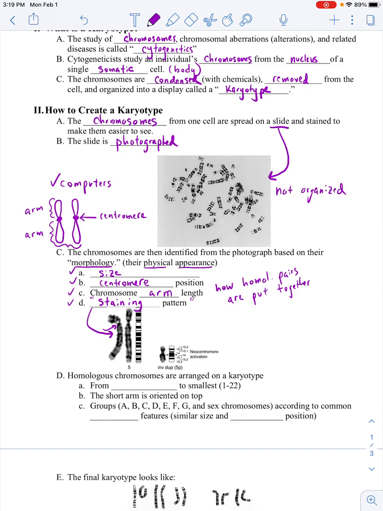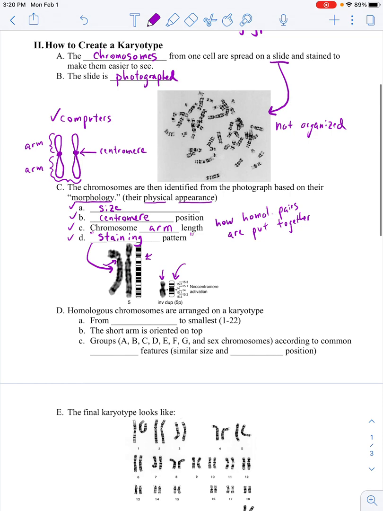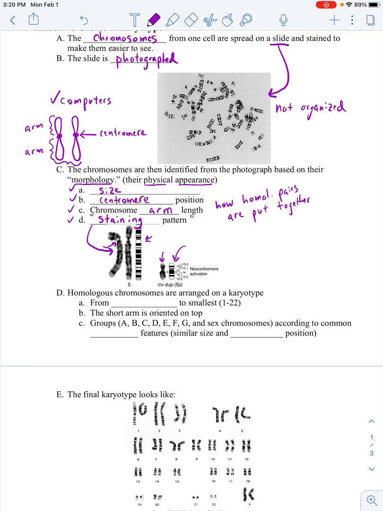Now, if you're wondering what are these chromosomes that look like cartoons, that's exactly what they are. They are just a cartoon depiction of what the real chromosome looks like. And it turns out that genes are located in certain regions, and these regions have numbers.